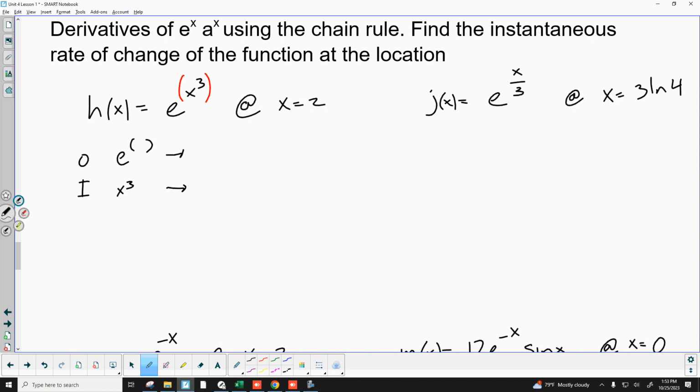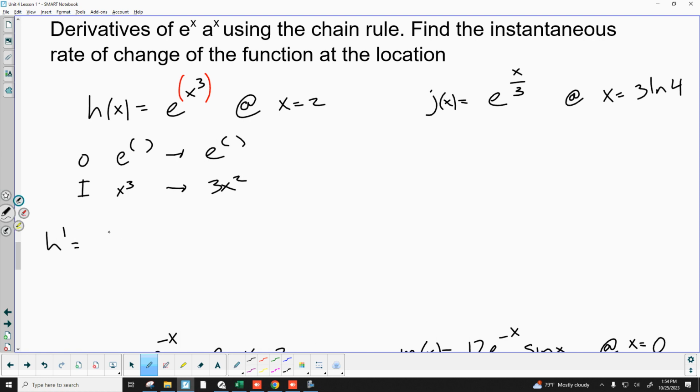What do you think the derivative of e to the parentheses is? The derivative of e to the parentheses is e to the parentheses. The derivative of x cubed is 3x squared.